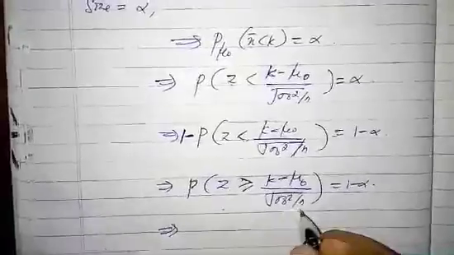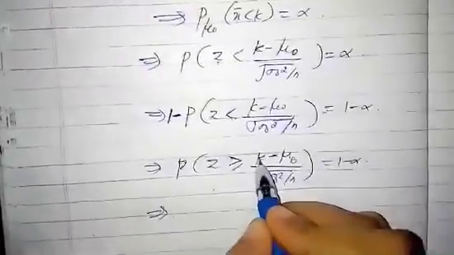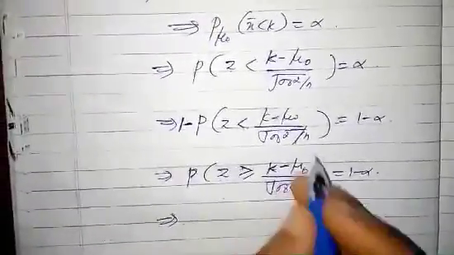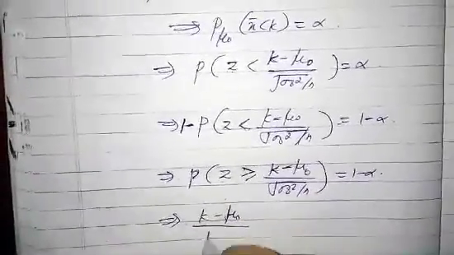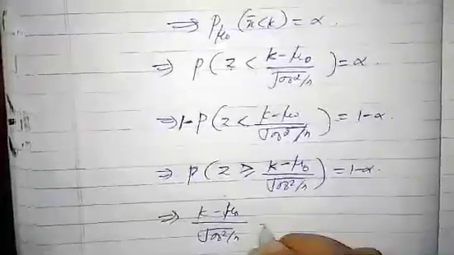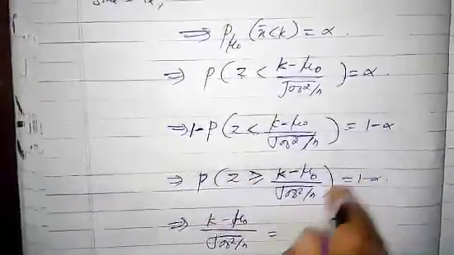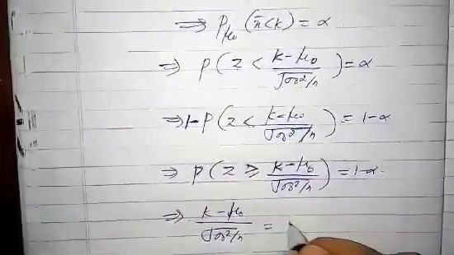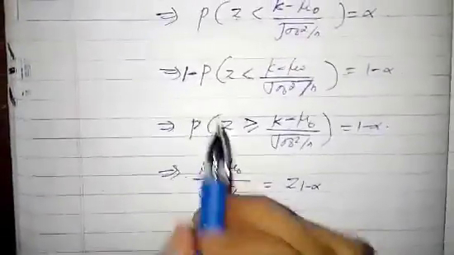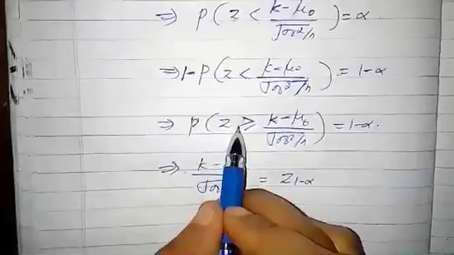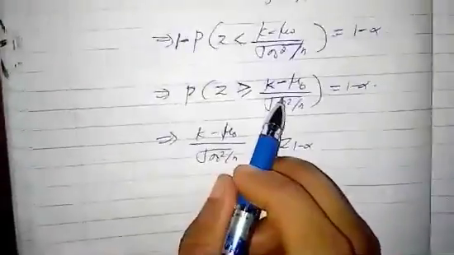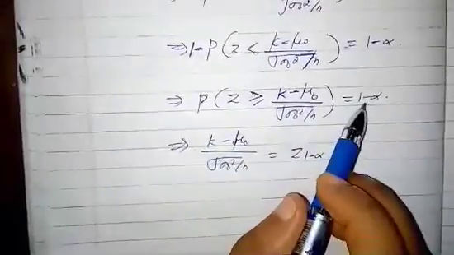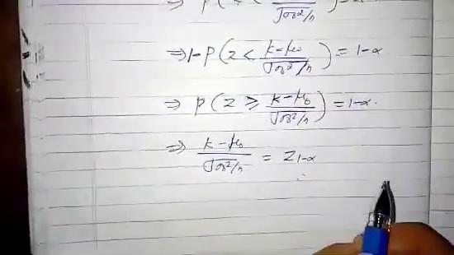We have to find the value for k, so we can take this term, k minus mu naught divided by square root of sigma naught square divided by n, equal to the z value, that is z 1 minus alpha. Understood? Here the probability of z is greater than this term, then this term equals z 1 minus alpha value.